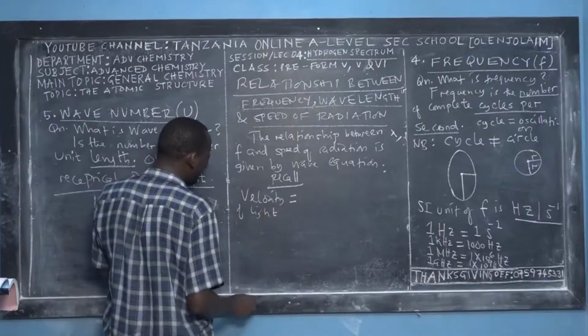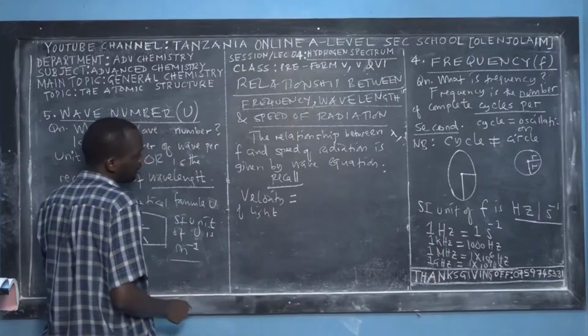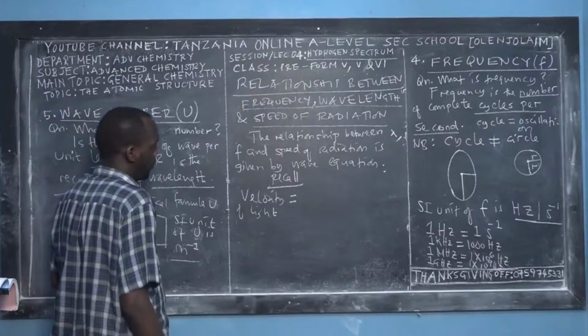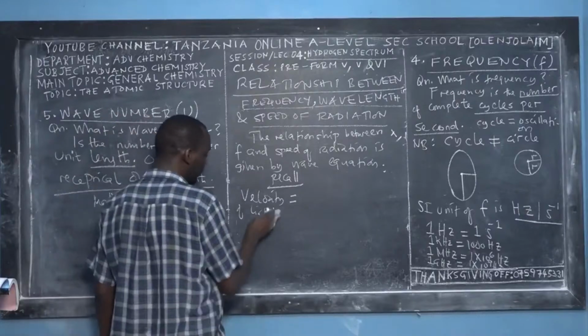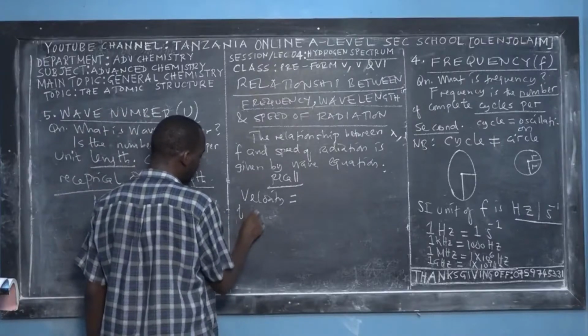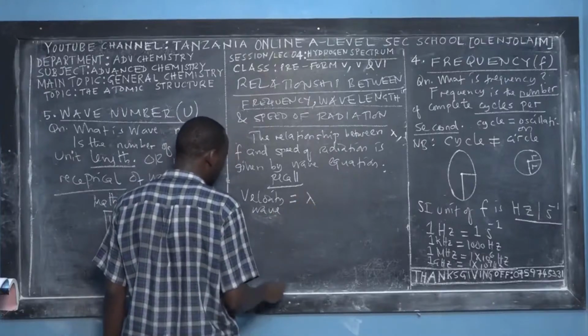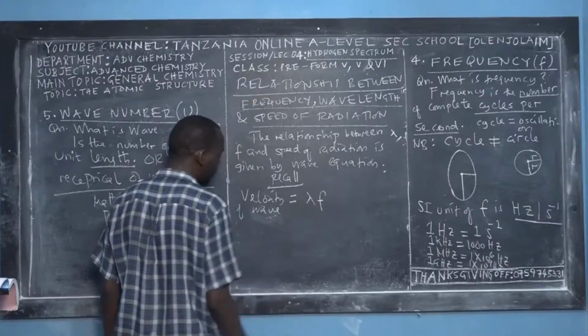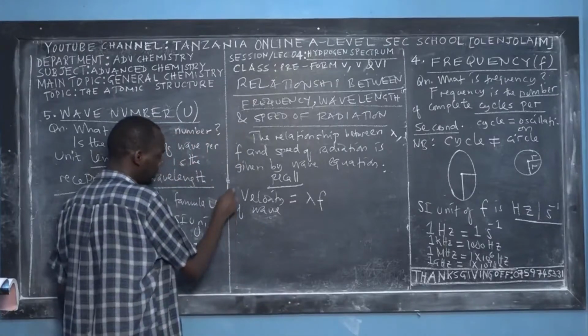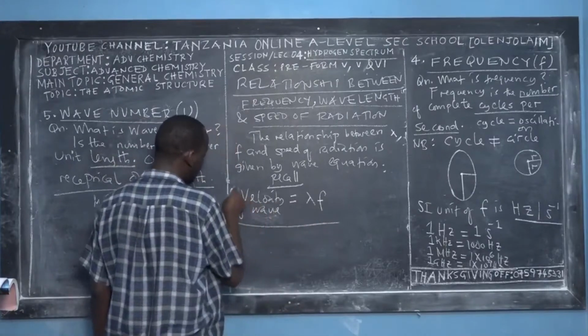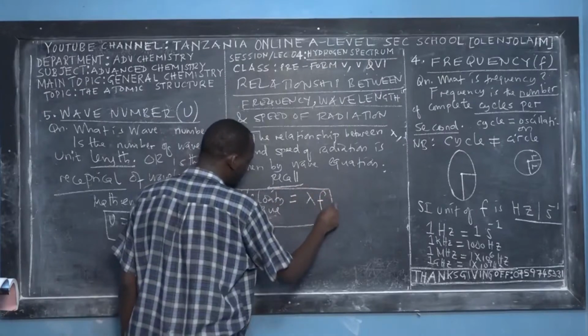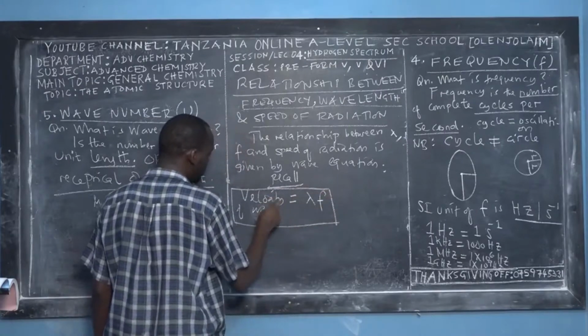Velocity of the light, or velocity of the wave, is the product of wavelengths and frequency of the wave. So this is the fundamental formula. I believe that you still remember. If you forgot, now I have reminded you.